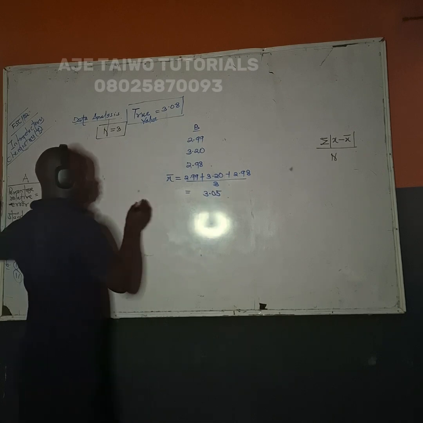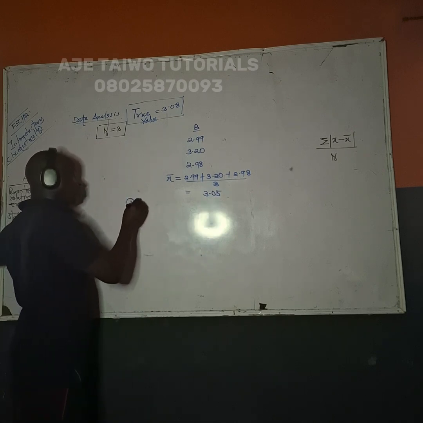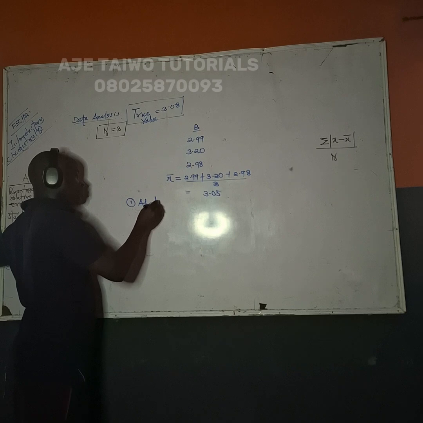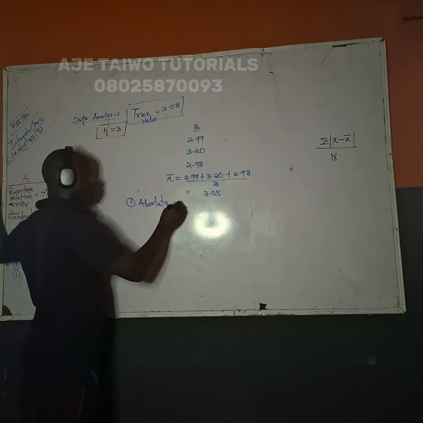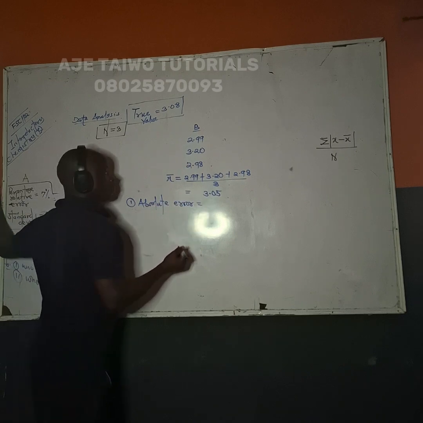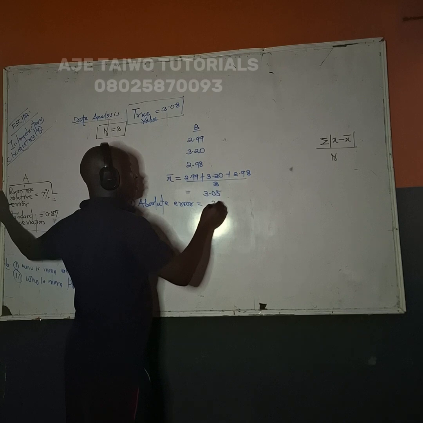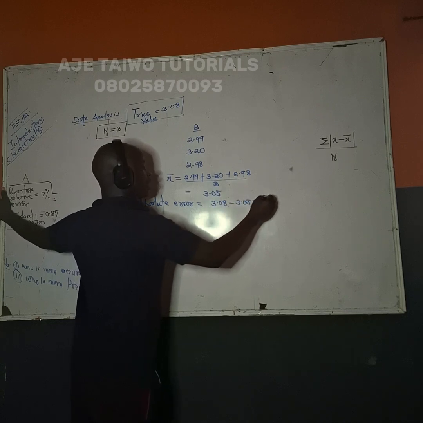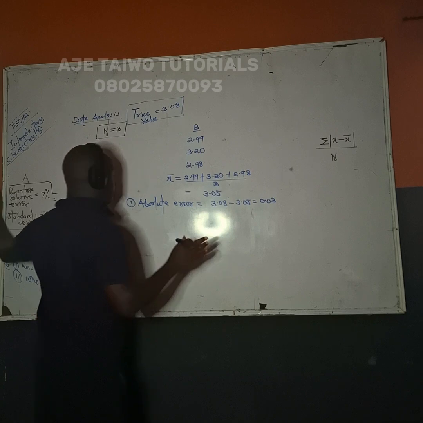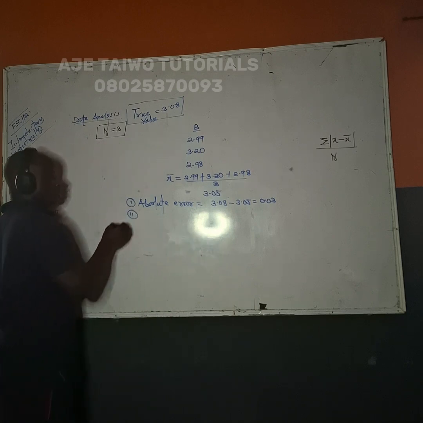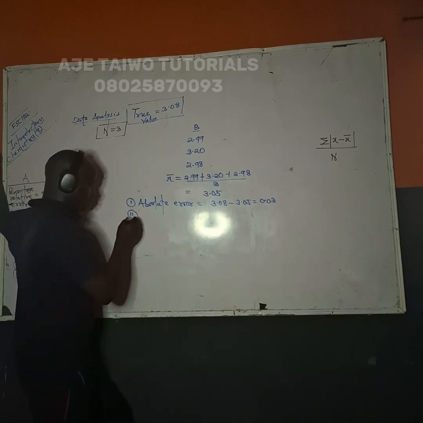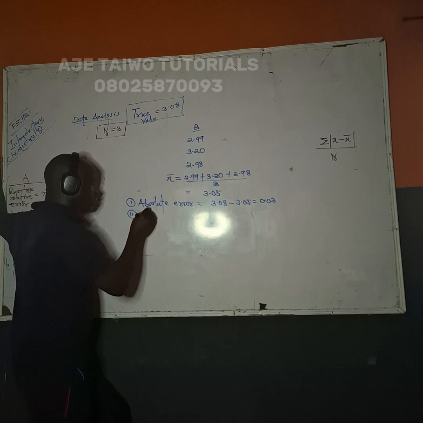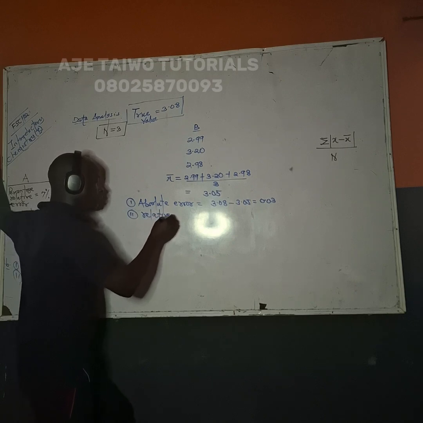Good, that's the mean. What is the absolute error here? That's 3.0 and that's 3.05, so 0.03. Thank you. There's no minus. We don't use minus. What is the relative error? Help me.